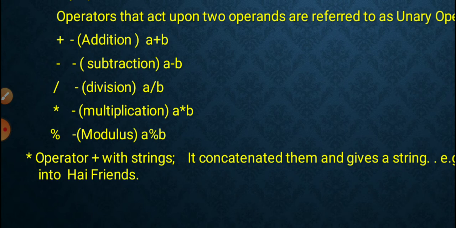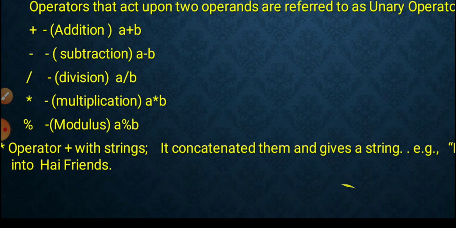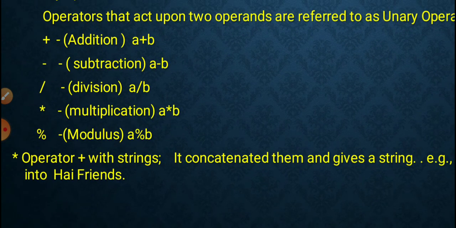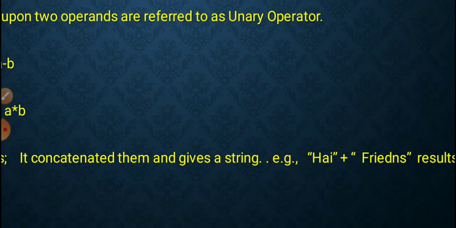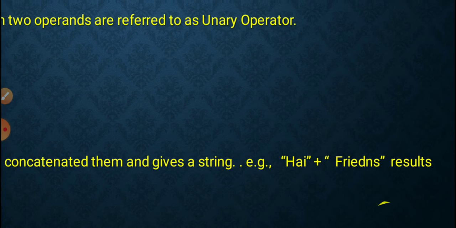So operator with the strings. The plus sign also can be used. The addition operator also can be used with strings. It concatenates them and gives a string. See the example given here. The first word is hi and the second word is friends.